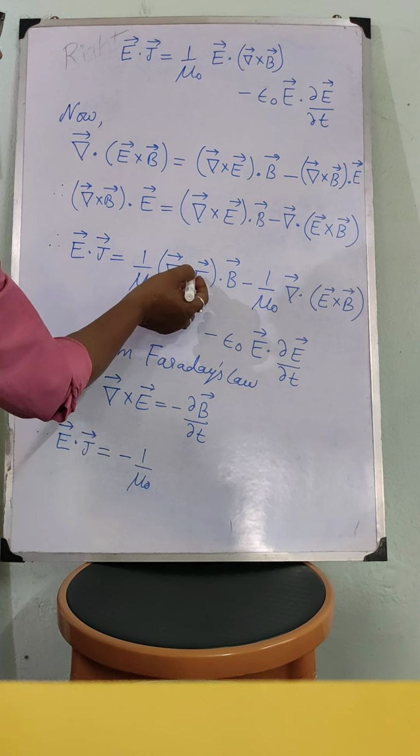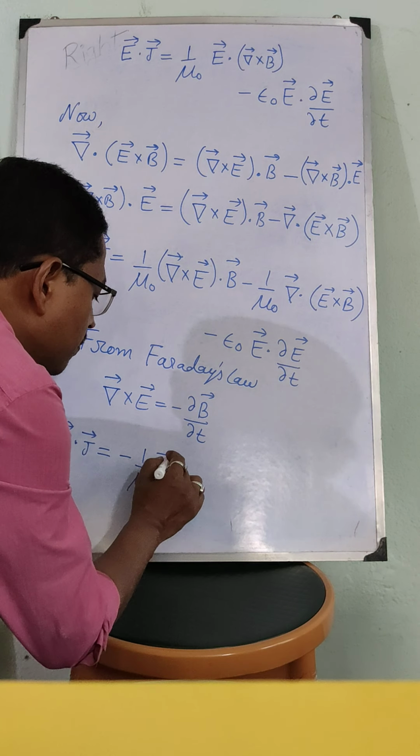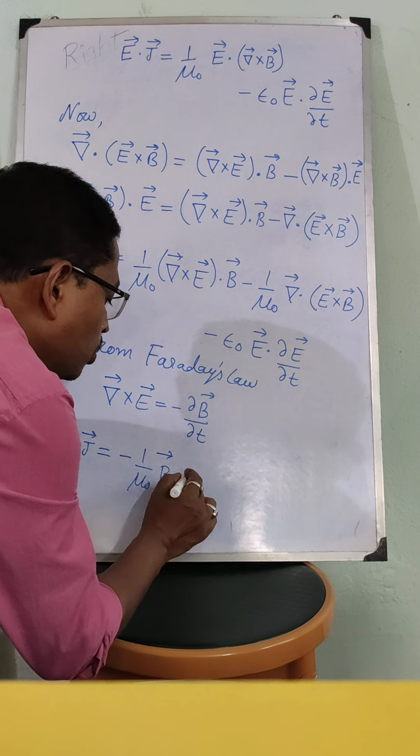See, del B del T I am putting here. So this is B dot del B del T because dot product is commutative.